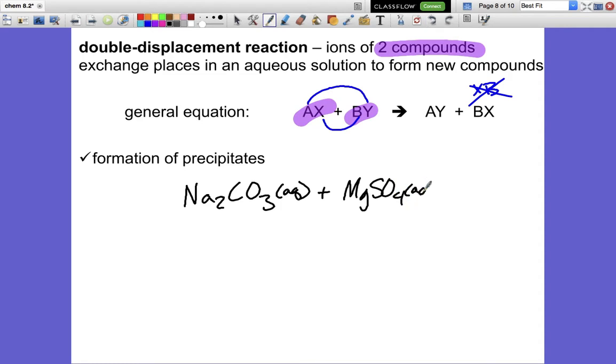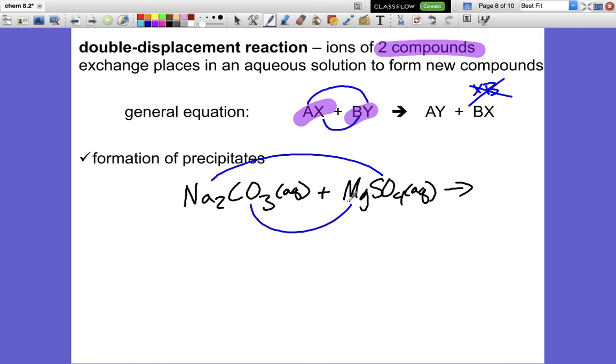Excuse me, I can't write a Q for some reason. And I put those two things together in the same beaker, and conditions changed. Because now instead of the sodium staying with the carbonate, that sodium could go with that sulfate instead, and the magnesium could go with the carbonate. So I'm going to write two new products here.